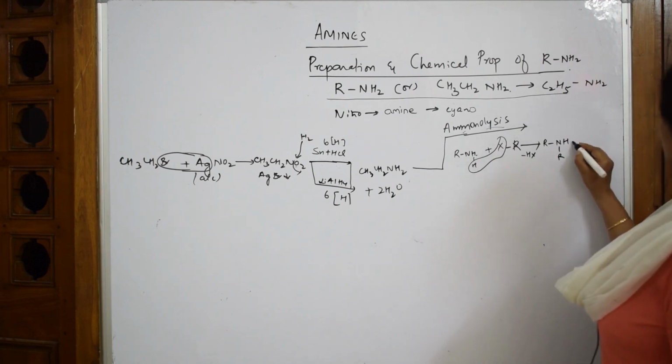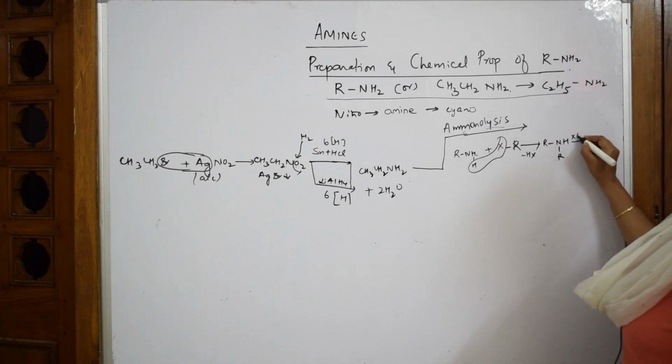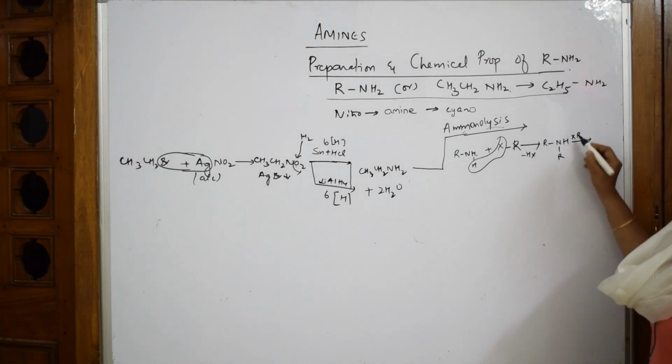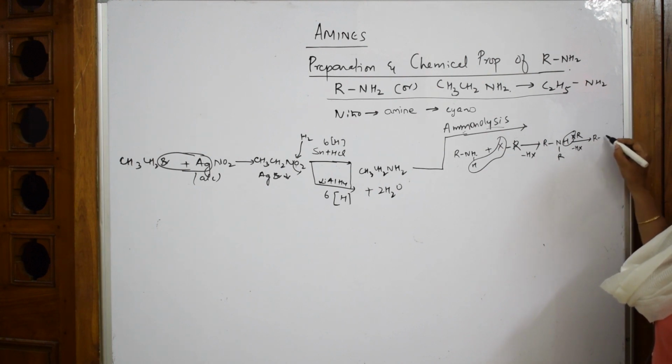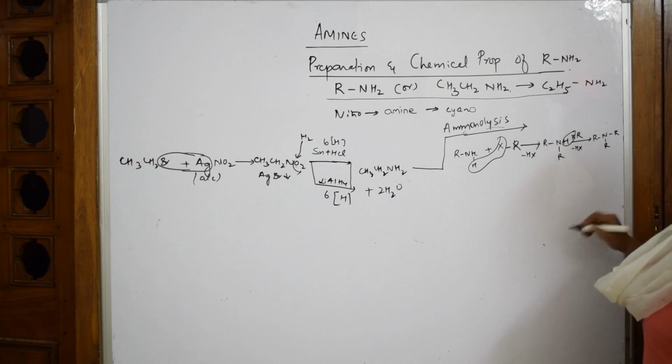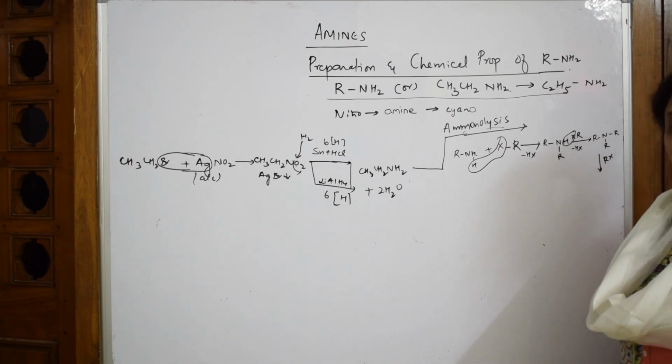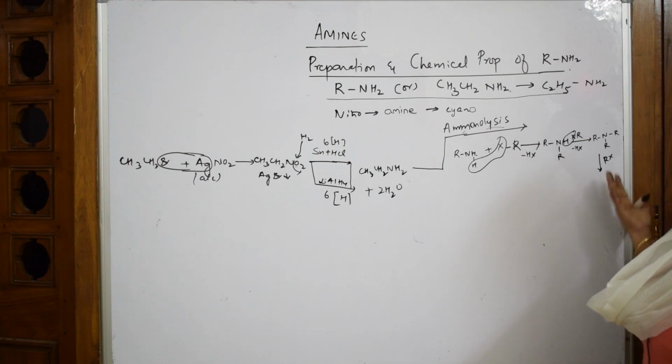Done. Now to this I'm going to add one more RX. I'm still not going into the aminolysis reaction, just see. One more HX comes out and you get R, N, R, R. Still one more RX combines. Now where is this H to remove? Just see what's going to happen.